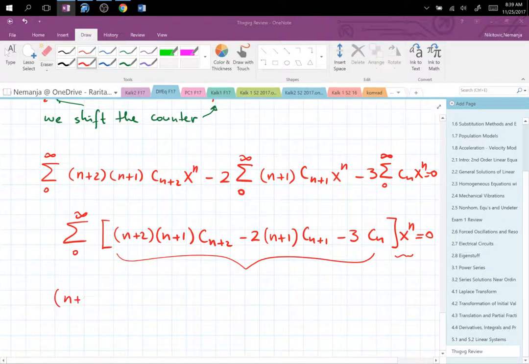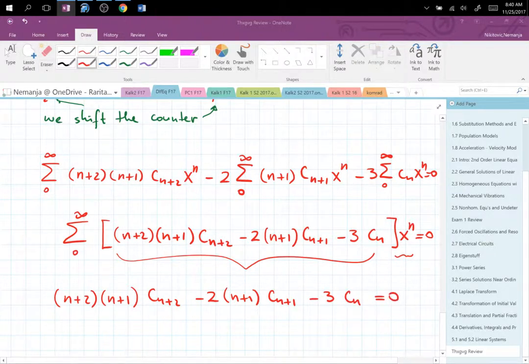We have n plus 2, n plus 1, cn plus 2, minus 2, n plus 1, cn plus 1, minus 3, cn equal to 0.